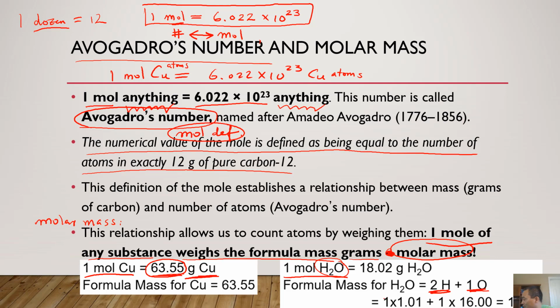So it's 2 times 1.01 plus 1 times 16.00. That gives you 18.02. So 1 mole of water will be 18.02 grams of water. They are equivalent. That gives you the numerical relationship.